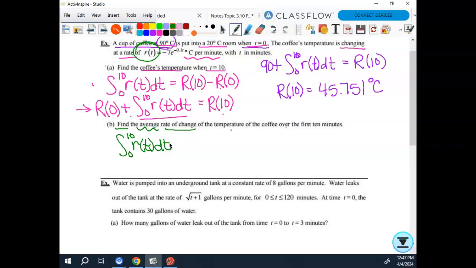If I want the average of what's in here, this is 1 over 10 minus 0. Does that make sense? I found the average of whatever this is. Okay, that way you're not overthinking which way we're going. That's the way the average parts of these work.